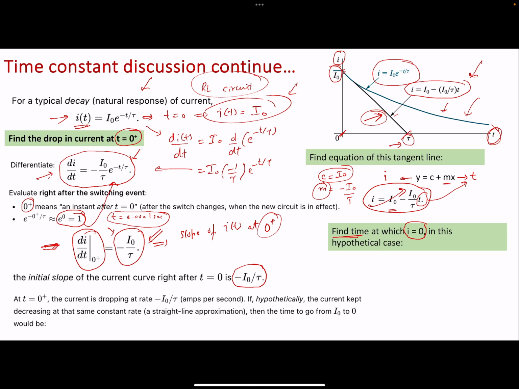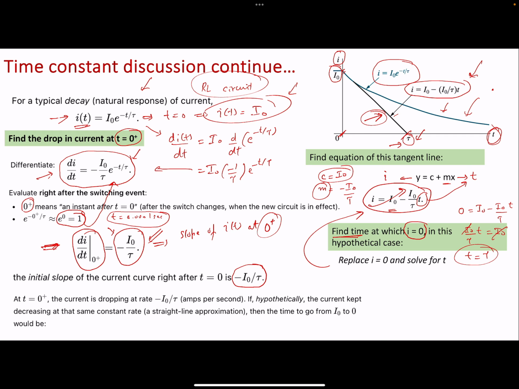We can easily do that by replacing I with 0 in this equation. So we get 0 equals I naught minus I naught over tau times t. I naught goes to the other side, so we get I naught over tau times t equals I naught, and I naught cancels. So t becomes equal to tau. This is how we figured out that the line should intersect the x-axis at tau. Important thing.